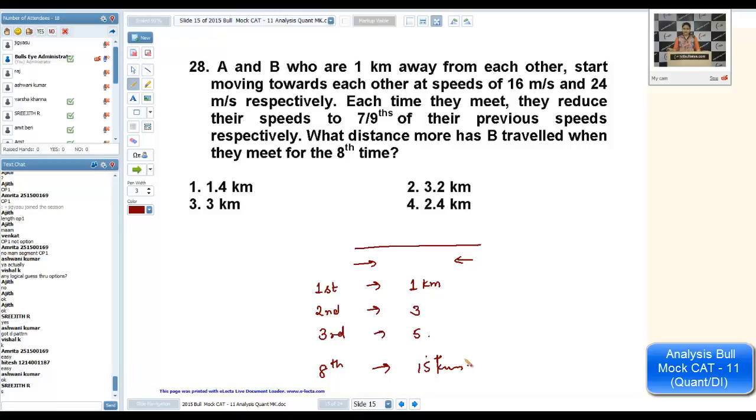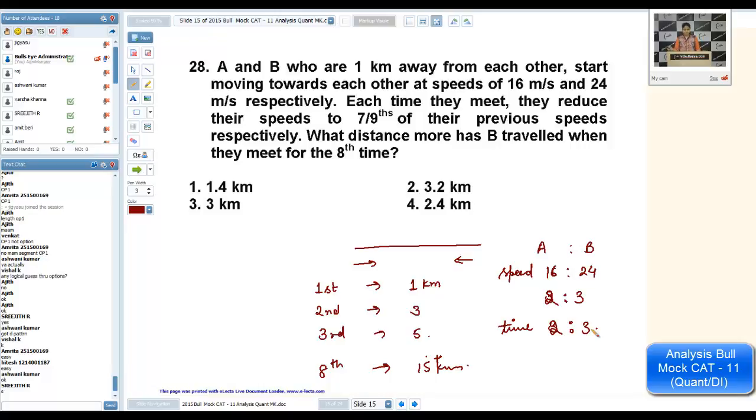As we know, they are moving for the same time, and whenever time is constant, distance and speed are in the same ratio. Since speeds are given, 16:24, it comes out to be 2:3. Since speeds are given, distances are in the same ratio, that is 2:3.